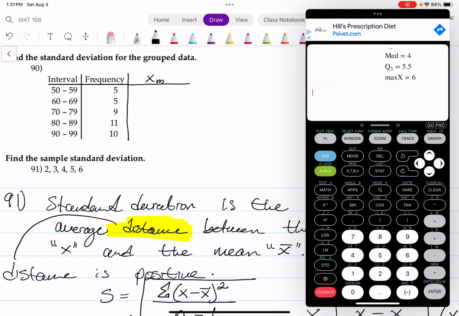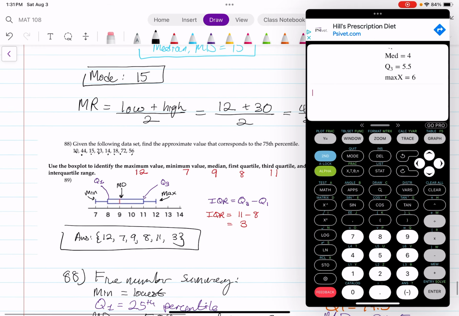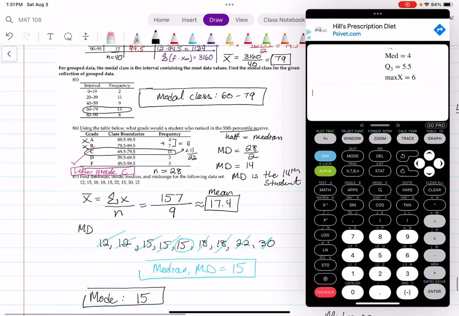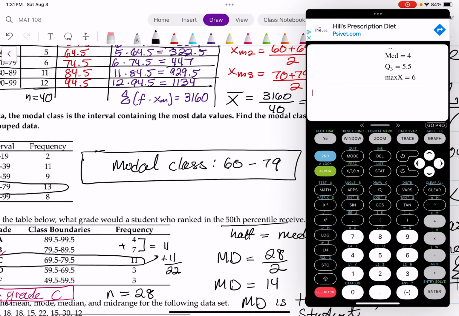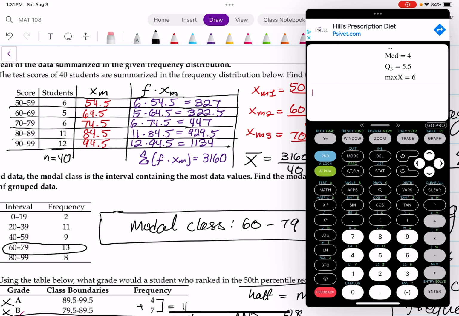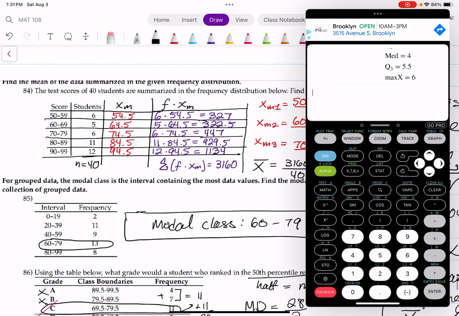You need to find the midpoints of each class. And we already found the midpoints for this group frequency distribution, at least I think we did. Because if we go back up to question number 84, we found the midpoints for these classes. The frequency is different for number 84, but we already found the midpoints.